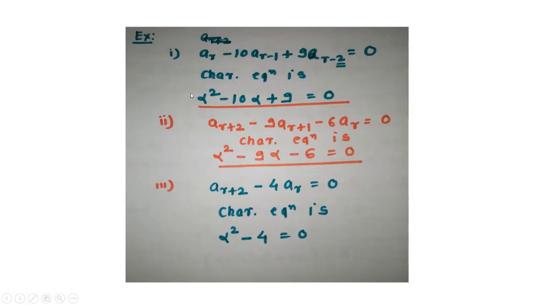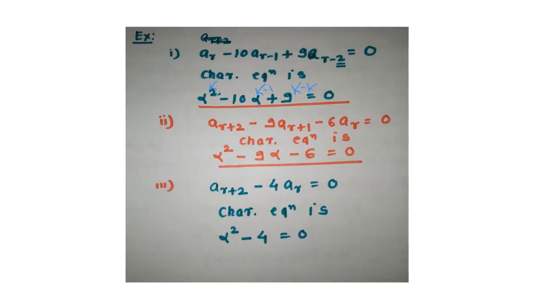So alpha raised to k means alpha square, and the coefficient is 1, minus 10 alpha raised to k minus 1, and here k minus k.